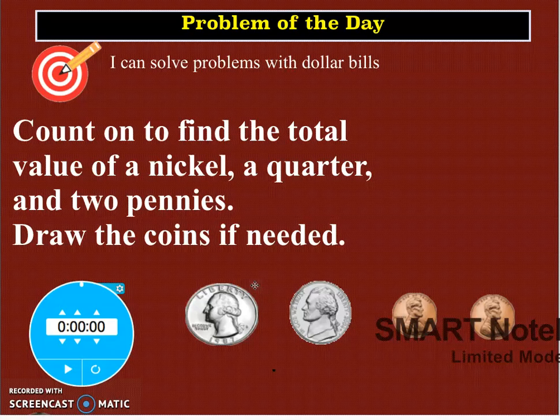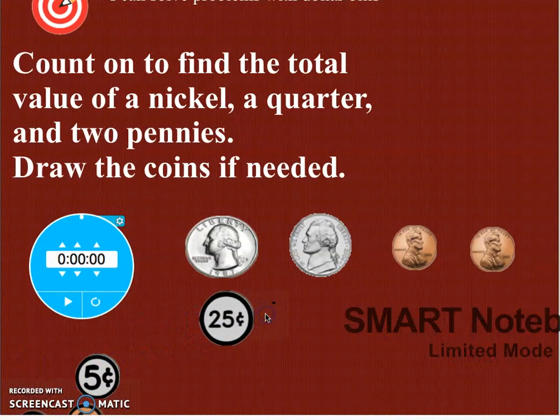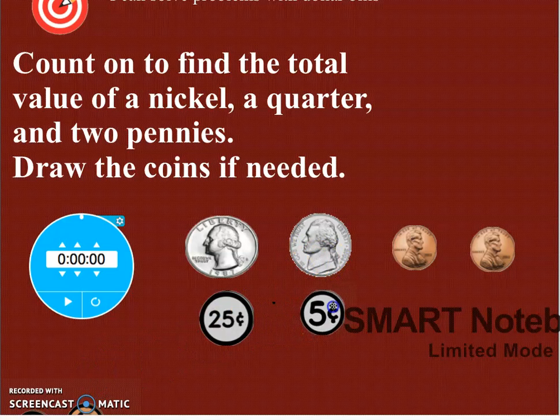So before we add, we have to find out the value of each coin. So, what is the value of a quarter? Right, 25 cents. What is the value of a nickel? 5 cents. And what is the value of a penny? 1 cent.